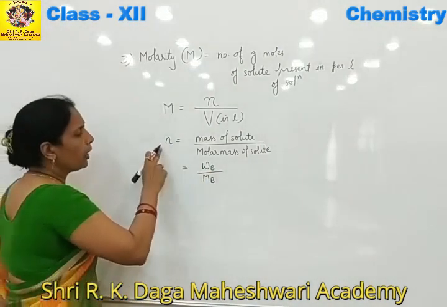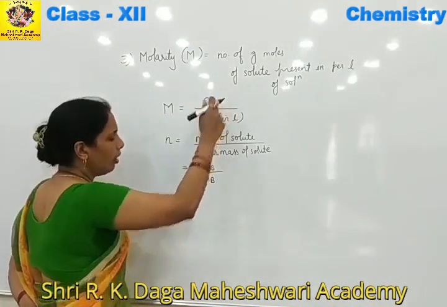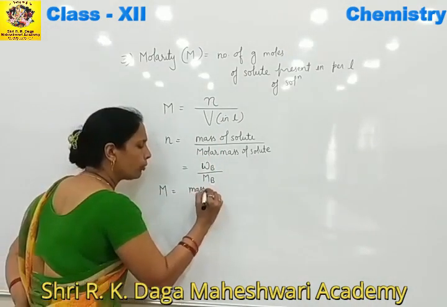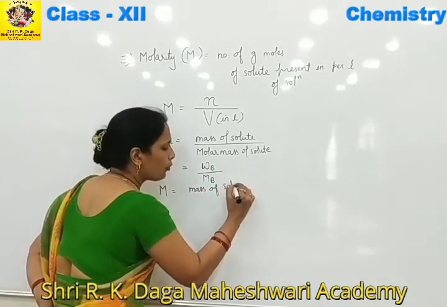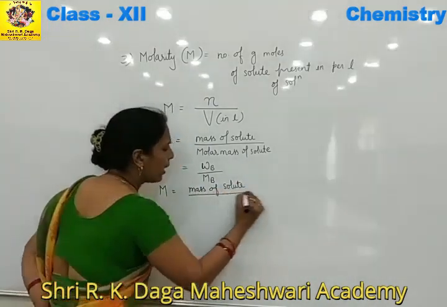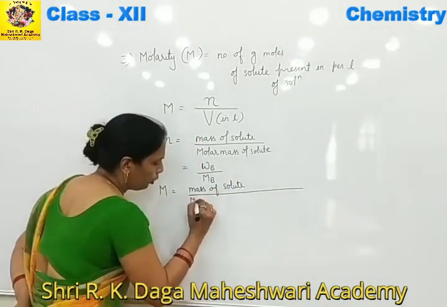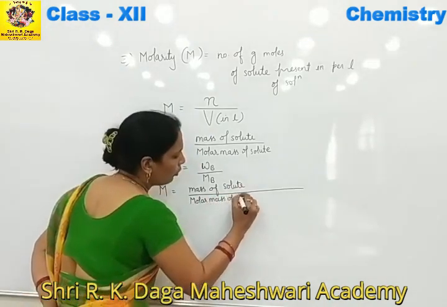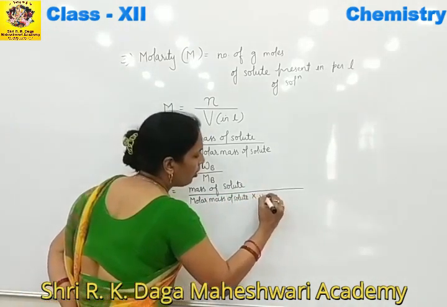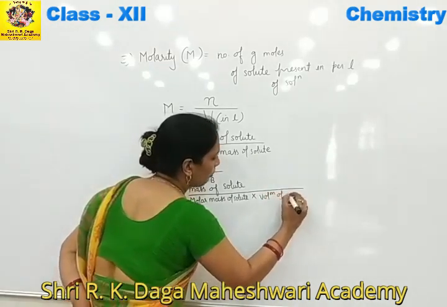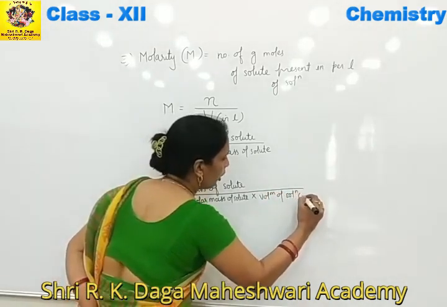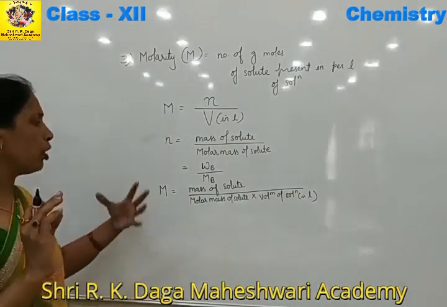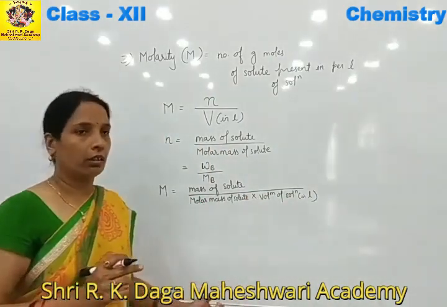If we put the formula of number of moles here, our new formula of molarity will be mass of solute divided by molar mass of solute multiplied by volume of solution in liter. In most of the cases, whenever we solve numerical, volume is given in milliliter.